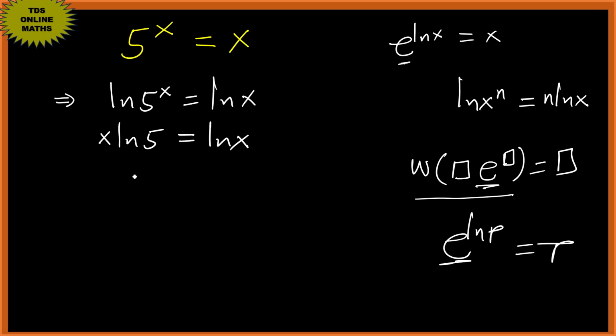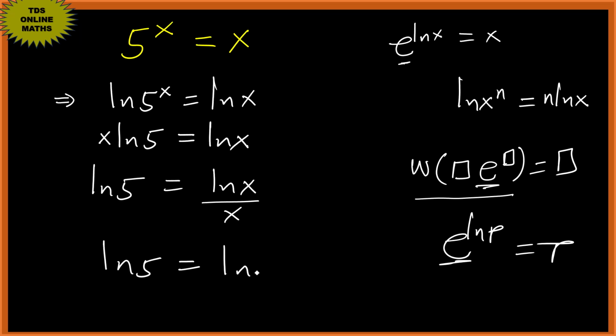So what we are going to do here is group the x terms on one side. I'll divide both sides by x. So my next step will be ln of 5 equals natural log of x over x. So I can rewrite this as natural log of x times x to the power minus 1.